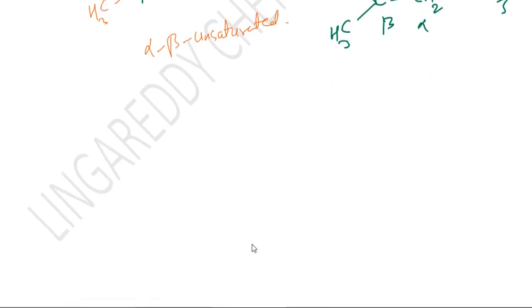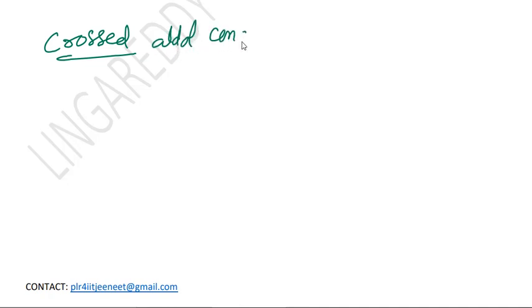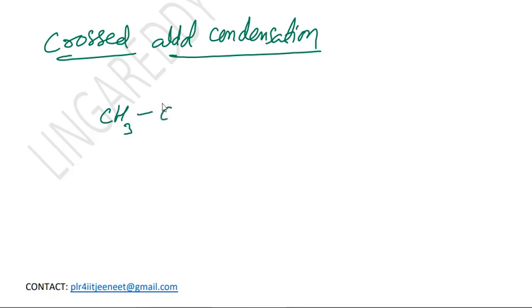Now in the aldol condensation, one more important thing is crossed aldol condensation. In crossed aldol condensation, what is it? One is an aldehyde, the other one may be a ketone.